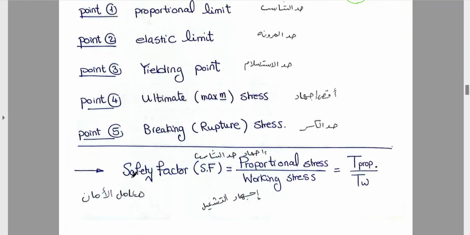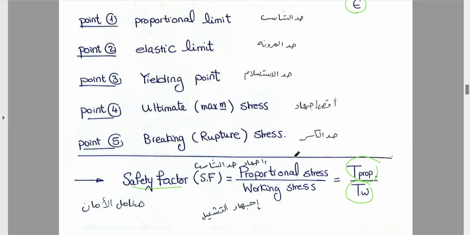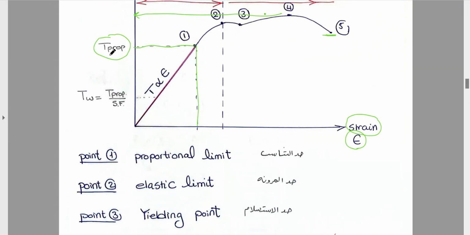Safety factor is the proportional limit stress divided by the working stress. For example, if I have a proportional limit at this point, I will make the working stress at a point less than the proportional limit for safety.